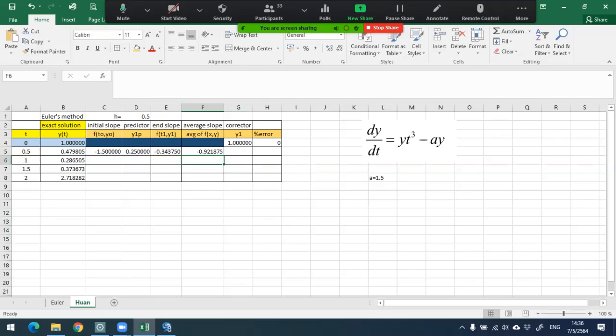Okay, after that, we can determine the corrector. Corrector is y i plus the average slope multiplied with h. Okay, now we have the solution already. The solution is 0.53, but the exact one is 0.479.